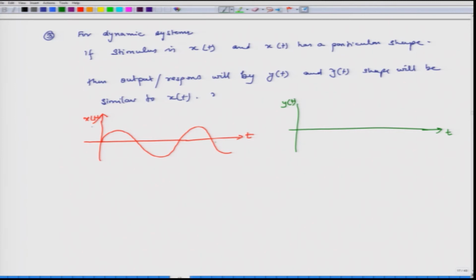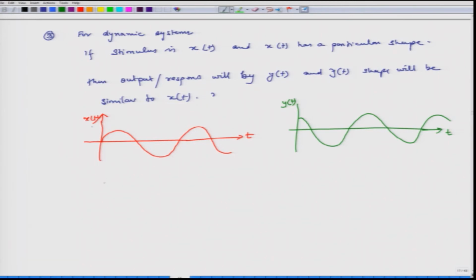It may be sinusoidal, maybe with a different phase, but it will be like this. Okay. So, if this is a sinusoidal thing, this will also be sinusoidal. Amplitudes may be different, phase may be different, but frequency will be the same, shape will be the same.